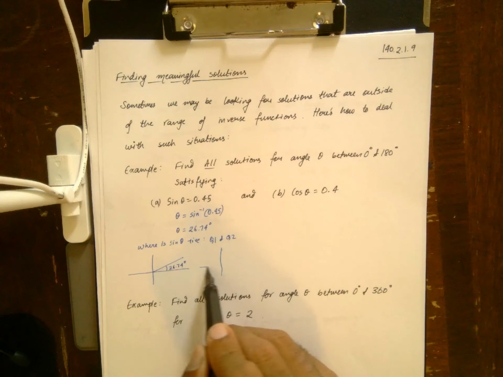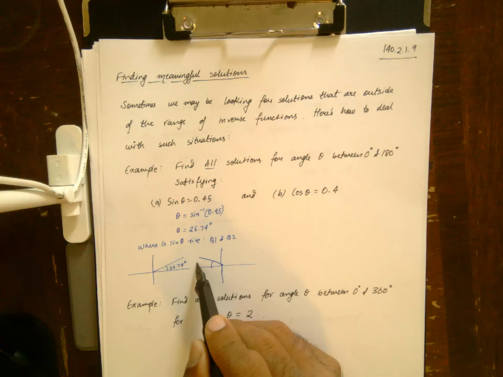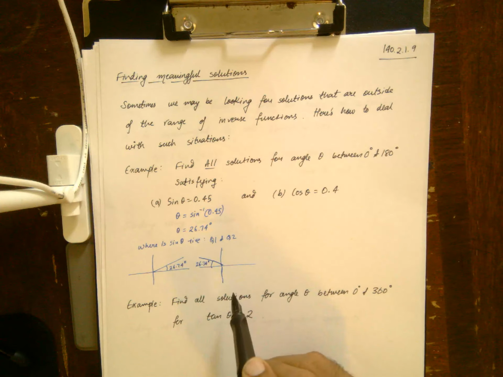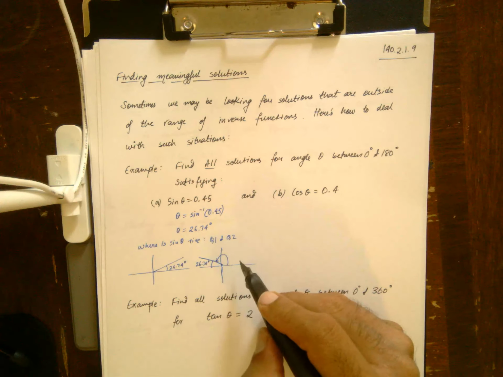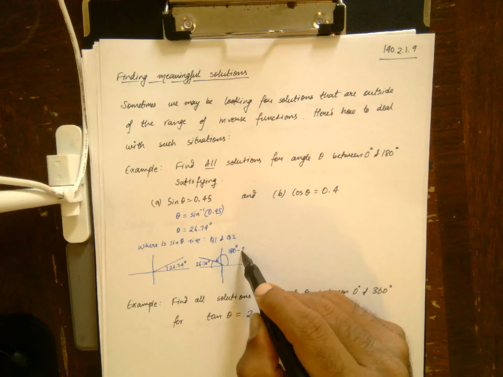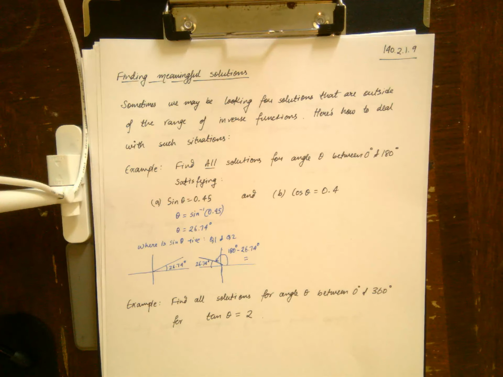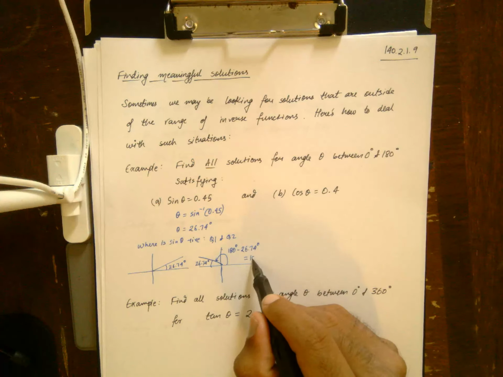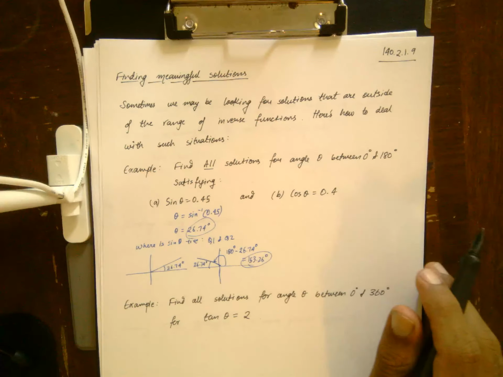There's also a quadrant 2 answer, and this quadrant 2 answer must also have this 26.74 degrees with the horizontal, which means what is the actual angle? We can get that by subtracting from 180 the 26.74 degrees. And when I subtract, what I get is 180 minus 26.74 is 153.26. So these are the two results.